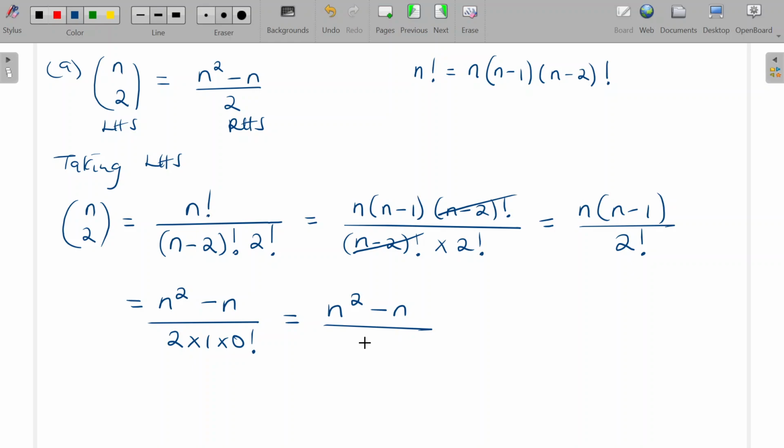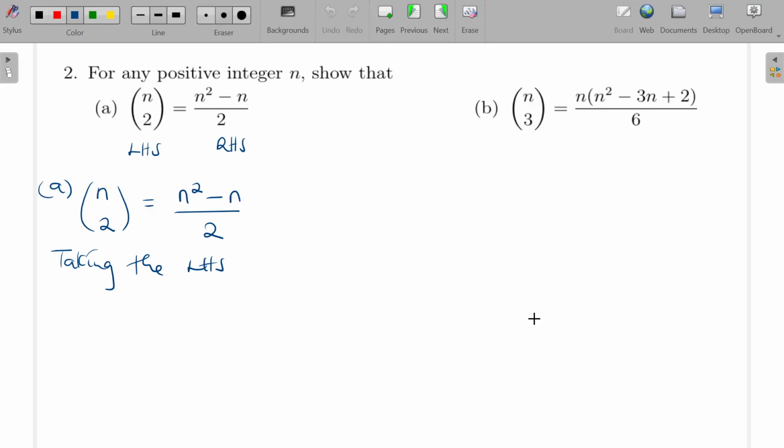It is just the same as 2. And we are seeing that this is equal to the right hand side. Are we together? Wonderful. So that is how you prove such kind of questions.